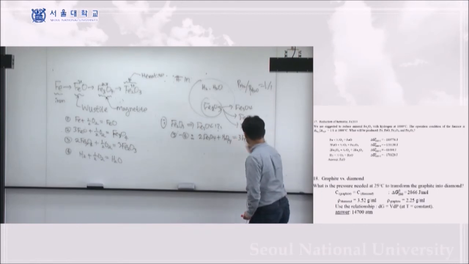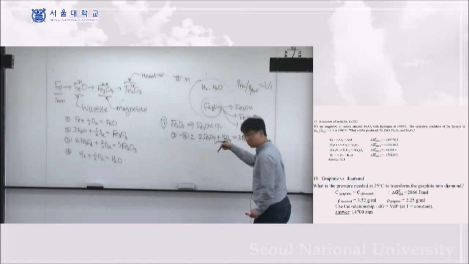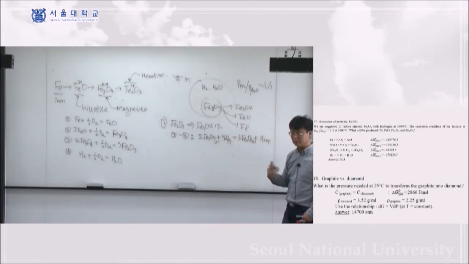Of course this is gas phase, and these are solid and solid. Each solid is a stoichiometric solid, not a solution. Okay? So I set up this chemical reaction, and its delta G naught is delta G naught 3 minus delta G naught 4.